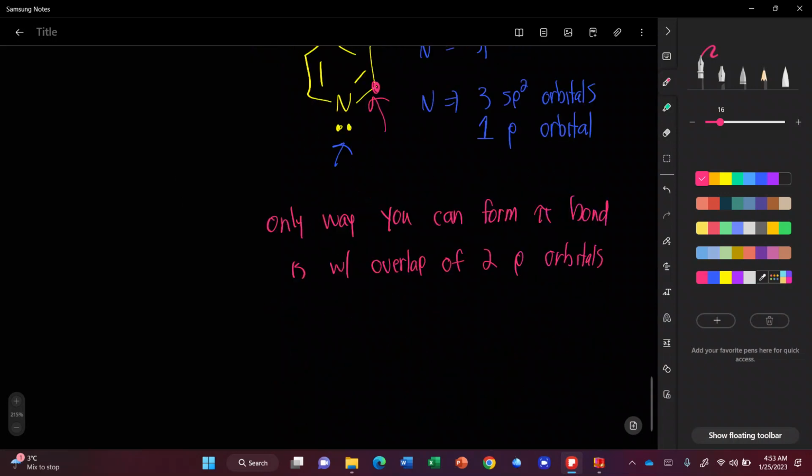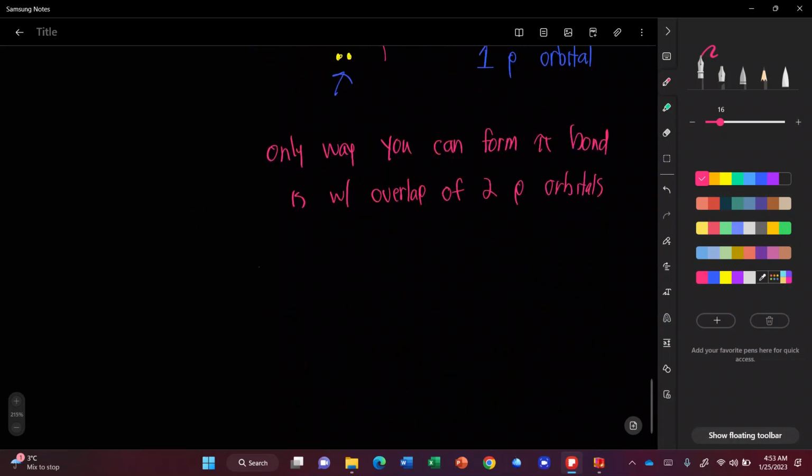Right? So remember, a sigma bond is where electron density is held between the two atoms, okay? And so a sigma bond can really come from a lot of things. A sigma bond can be from like two s orbitals, so s plus s will get you a sigma bond.